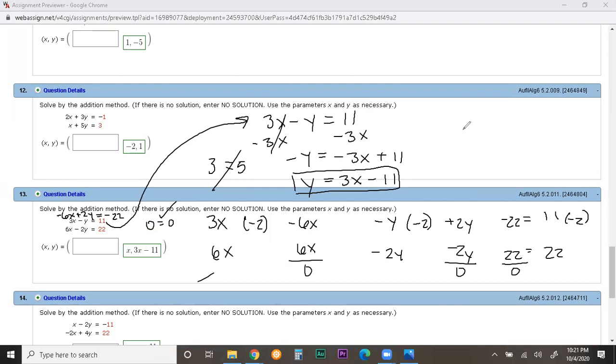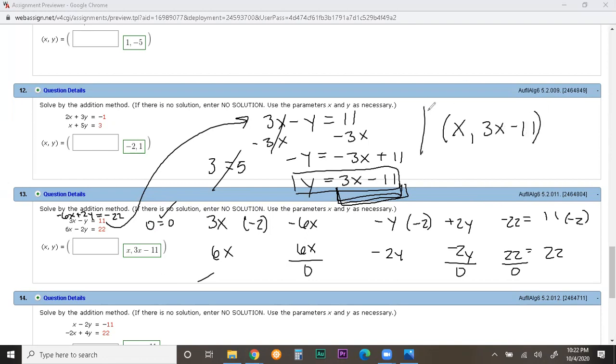So no matter what x or y we put into this first equation, it's going to work in the other equation because they are the same line. So we write this as an ordered pair. We write x as our first term, and then we plug in what the y equals. So we put one equation in slope-intercept form, and we plug in what that y equals, which is 3x minus 11.